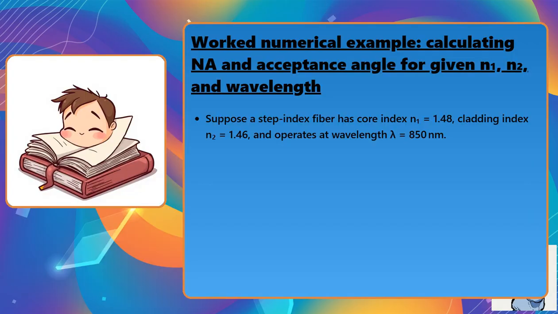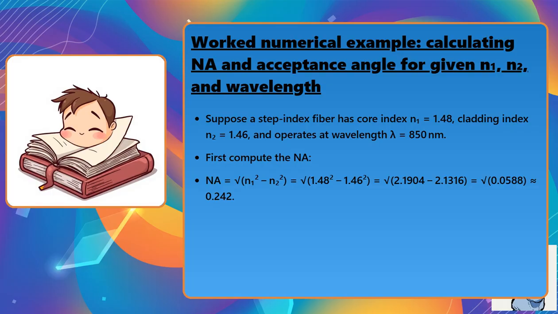Suppose a step index fiber has core index N1 equals 1.48, cladding index N2 equals 1.46, and operates at wavelength lambda equals 850 nanometers. First, compute the numerical aperture.